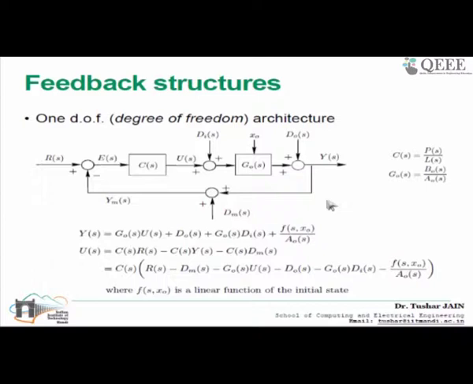Are you able to visualize this one? R is given by the user, the set points. DI, DO, DM are the free variables. The initial value for the plant is implicit, inherent within the system. Now the only two variables which remain are U and Y. Of course, E is nothing but the difference between R and Ym.